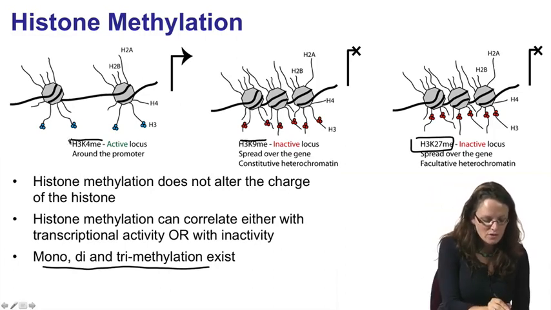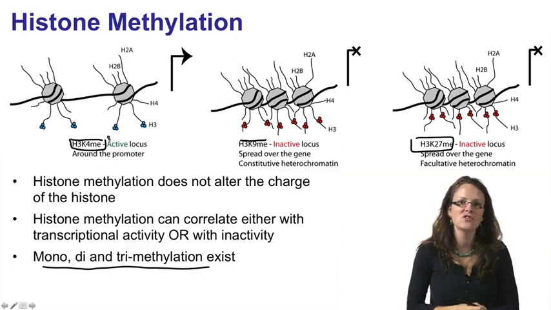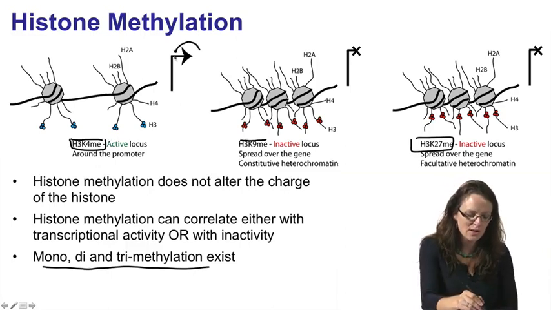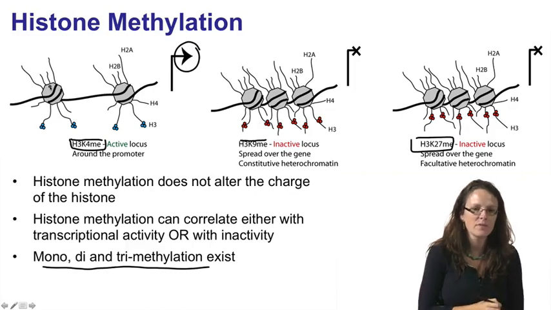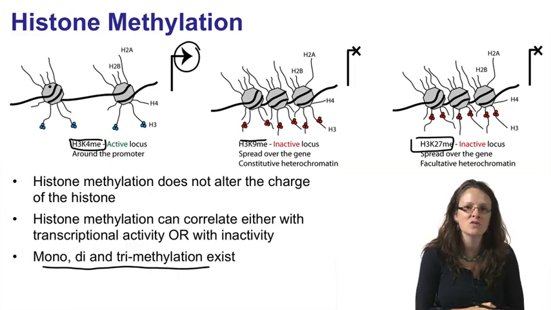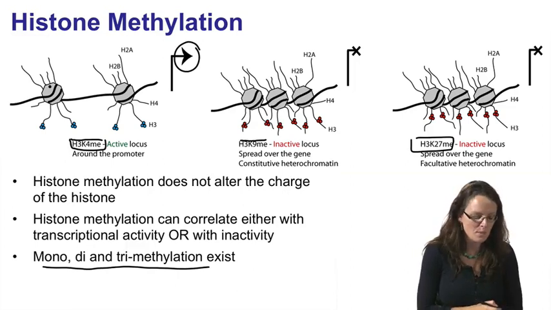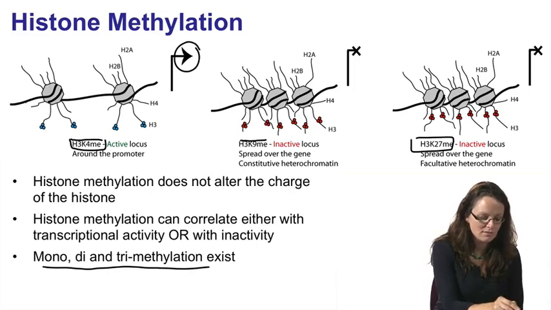So we know that H3K4 methylation is associated with gene activity, which is shown here by this active promoter. So if you consider here, these grey octagons are the nucleosome, and we have the N-terminal tails of the histones protruding out. And the DNA is wrapping around as this black string here.